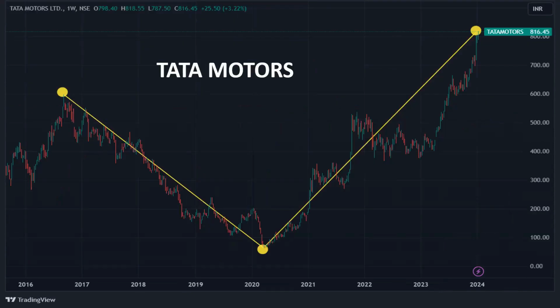What is next? Tata Motors. Tata Motors was around 600 rupees, an all-time high before COVID. During COVID, all companies took their own bottoms, and Tata Motors was not exceptional. But Tata Motors took more, like always. From 600 it came down to almost 60 rupees. But the 60 rupee company became 800 rupees today. How many times?